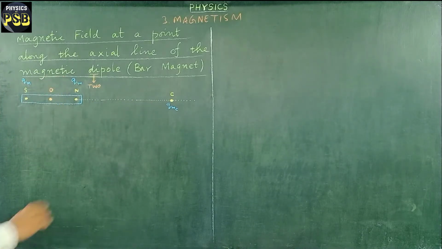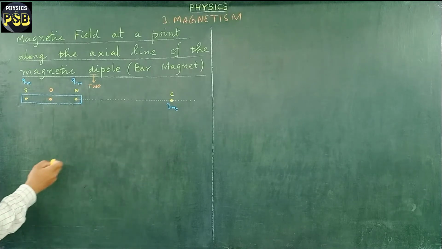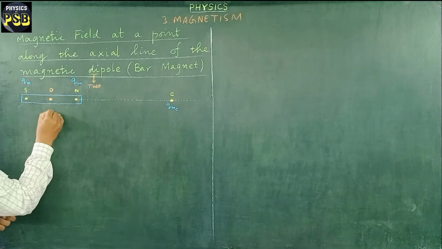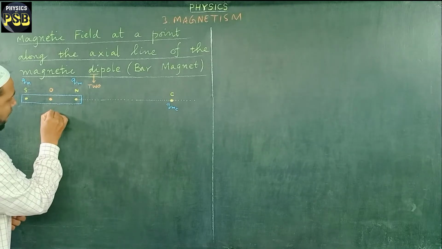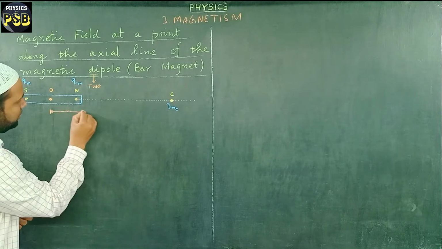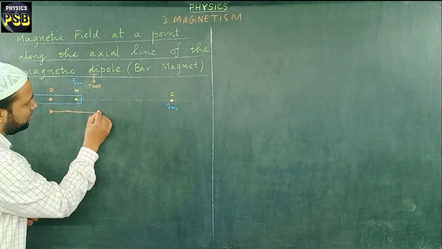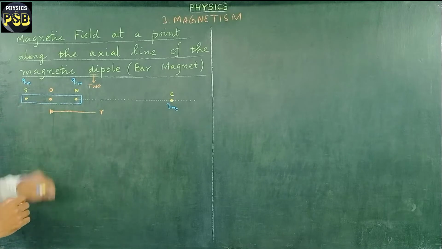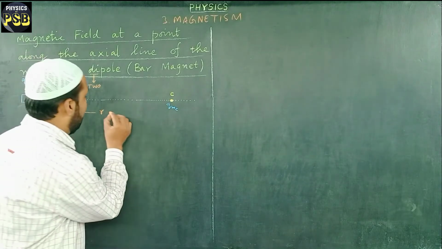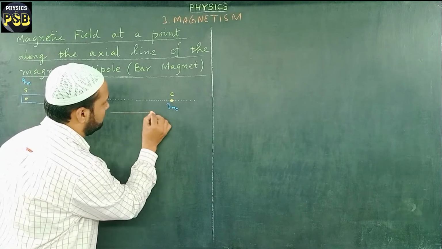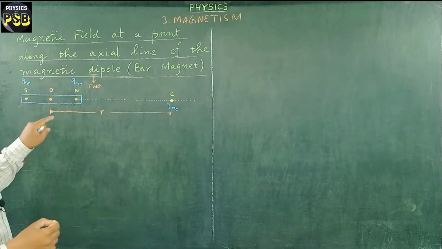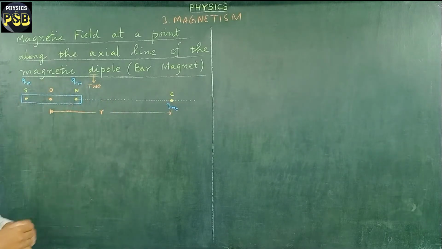Clear? Now the point C is at a distance of R from the geometrical center of the bar magnet. So here point C is at a distance R from O. Clear?